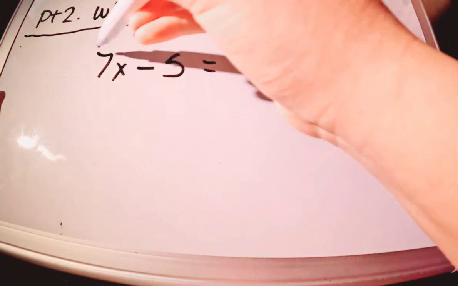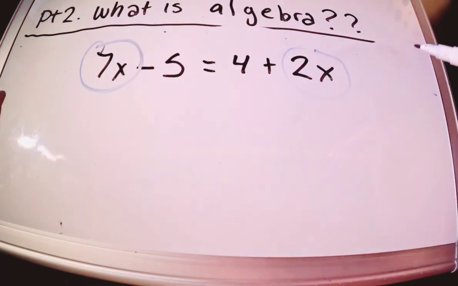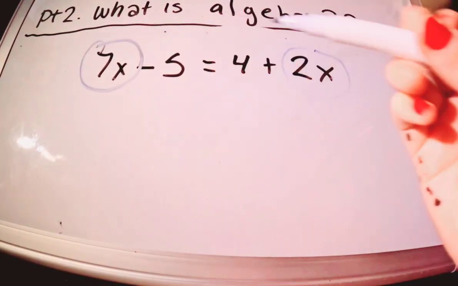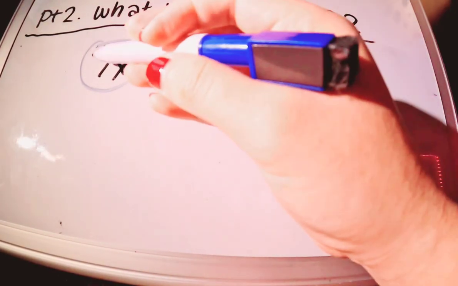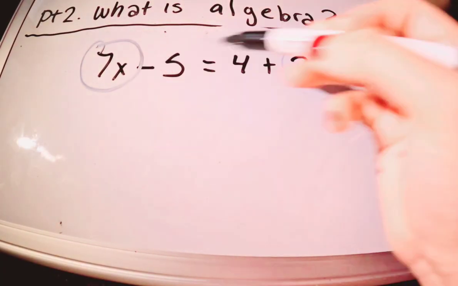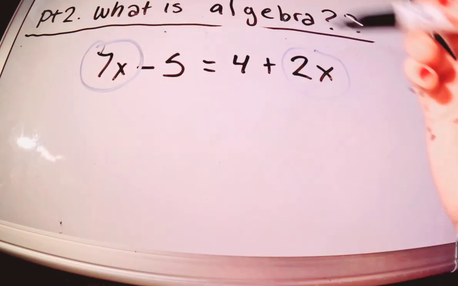As you can see here, the 2x and the 7x both have an x in them. So you want to get them on the same side of the equal sign. Either all of them are on this side or all of them on that side. So let's just bring it over to that side.